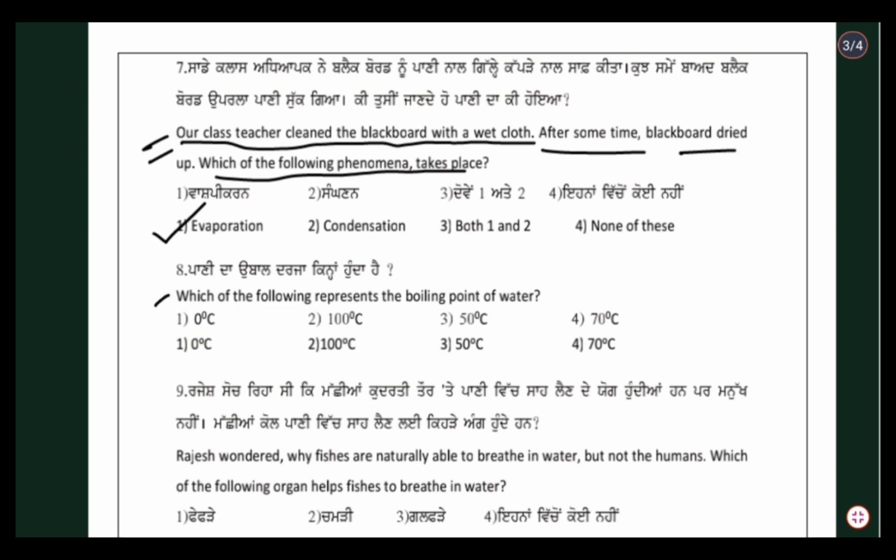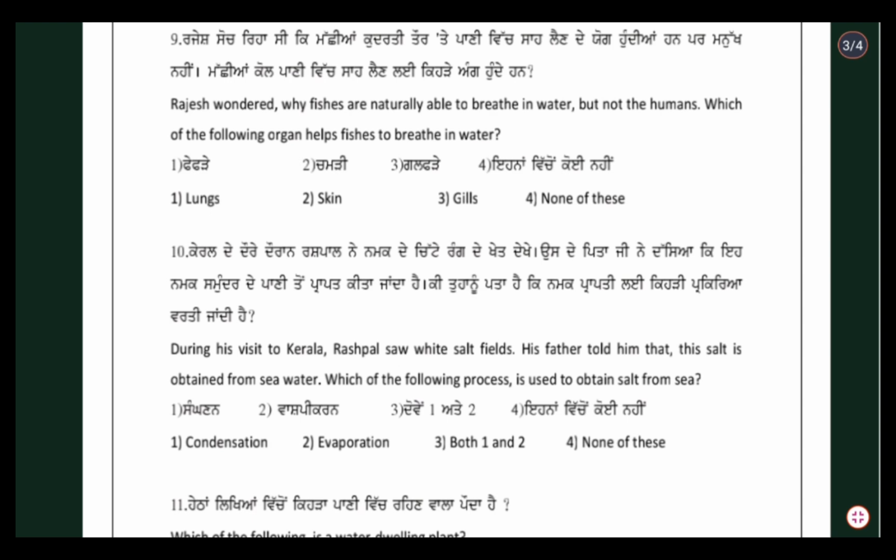Question number 8 is, which of the following represents the boiling point of water? So the boiling point of water is 100 degrees Celsius. So option 2 is your right choice. So question number 9 is, Rajesh wondered why fishes are naturally able to breathe in water but not humans.